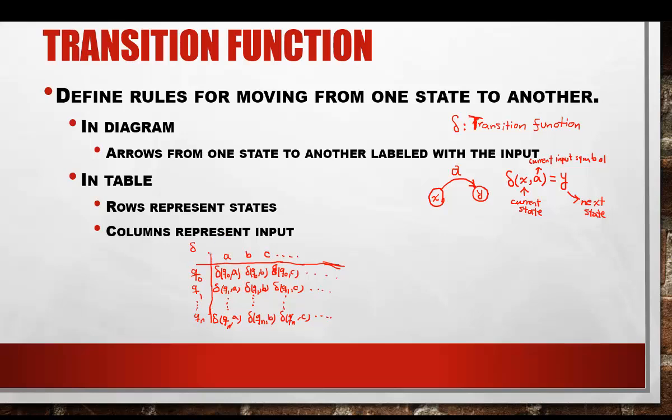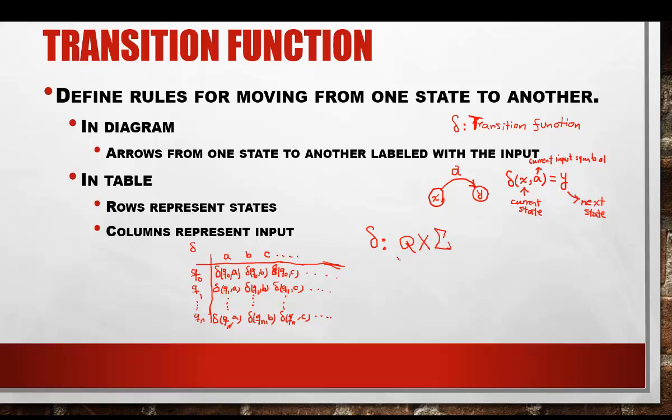Now if you notice here, the inputs of my delta function are an ordered pair. So the domain of delta will be the cross product of Q, my set of states, cross with sigma, my set of alphabets.